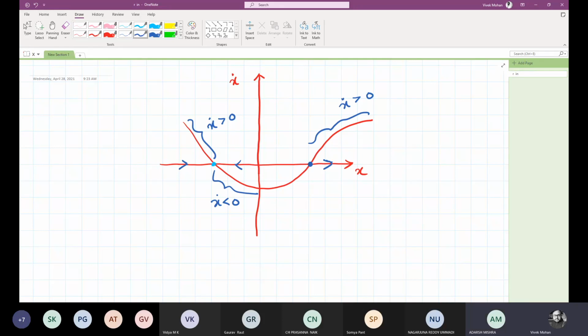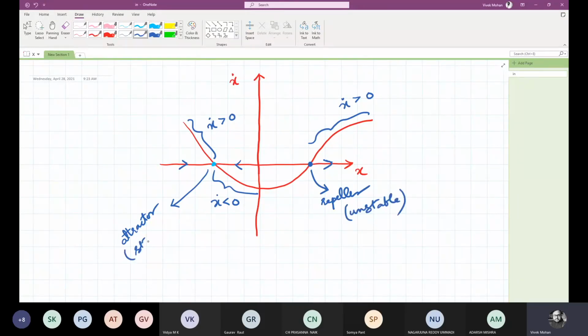The negative side one is stable and the positive side one is unstable. So this is basically an attractor, and this is a repeller. So this is unstable, and this is the stable fixed point.